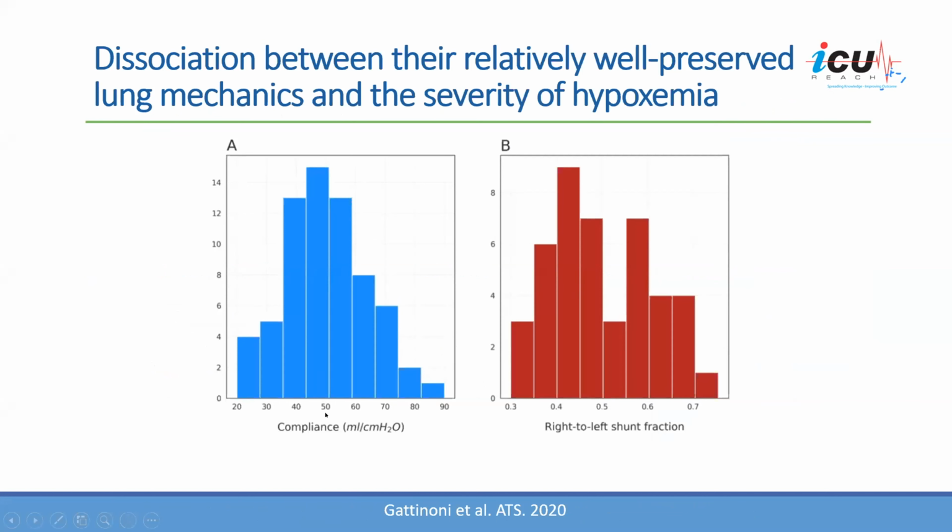And what we know about ARDS is that the compliance is usually very low. And you can see a good percentage of patients with good compliance, above 50. At the same time, they have severe hypoxemia. So there's a dissociation between the relatively well-preserved lung mechanics and the severity of hypoxemia.